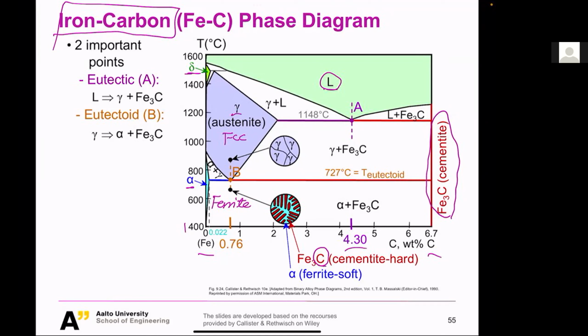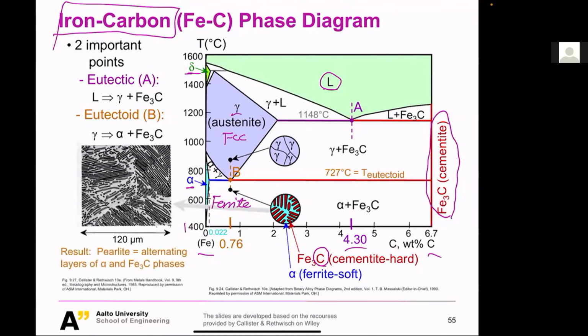That will change the stress field of your dislocations, and that will make your material harder. That's why when you have more and more carbon, your material actually gets harder and harder. And the ferrite, on the other hand, has so little carbon. That's why it's much softer.